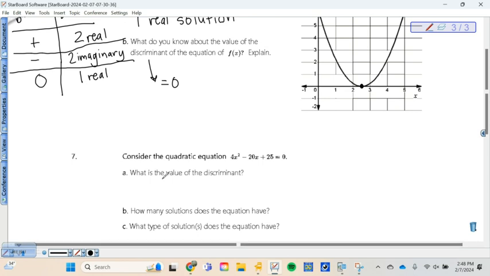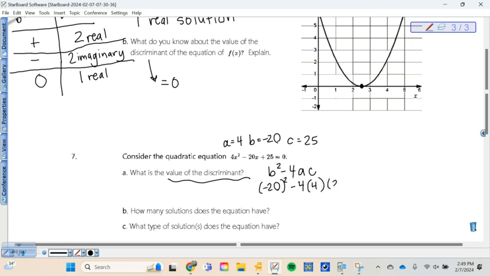Okay, number 7, we got to find the value of the discriminant. B squared minus 4AC. So what is A? B? And C? Good. So B squared would be negative 20 squared minus 4AC. So 4 times 4 times 25. What's negative 20 squared?